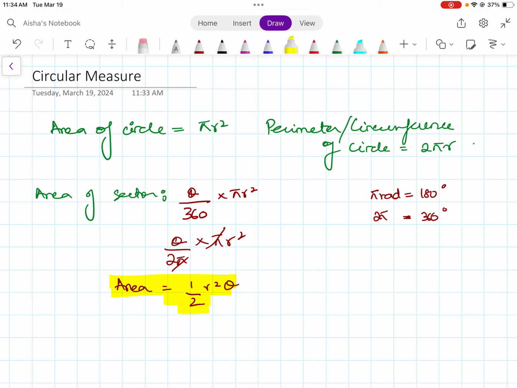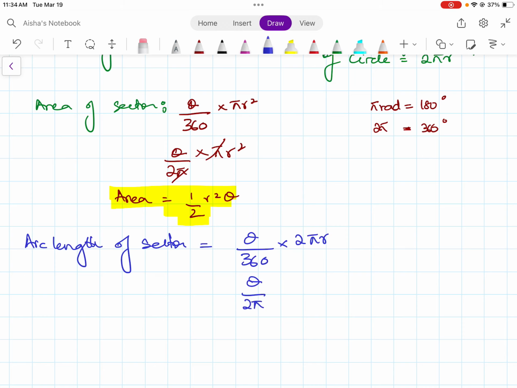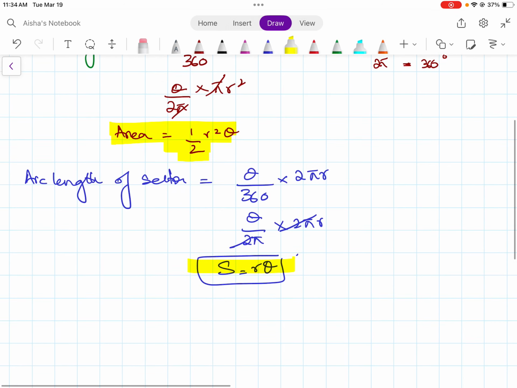Now, let's come to the arc length. So arc length will become r theta. This is my formula for arc length.